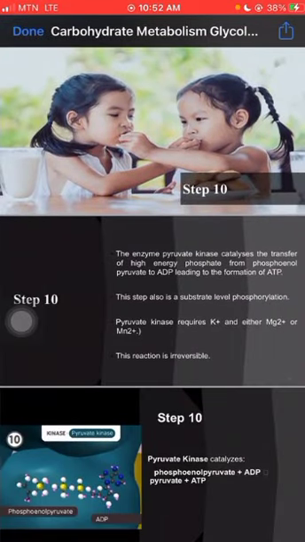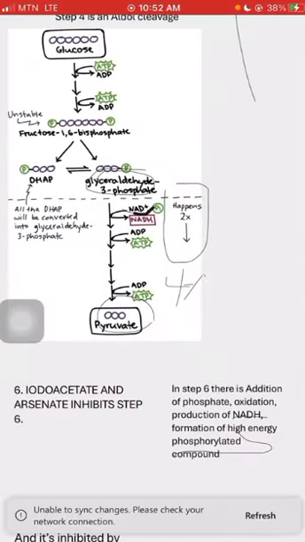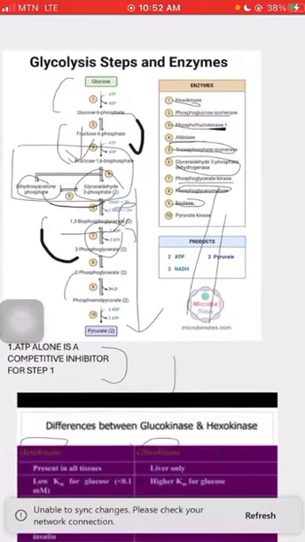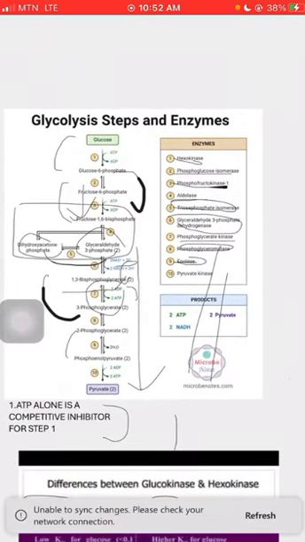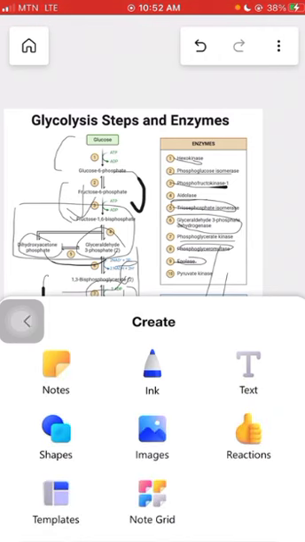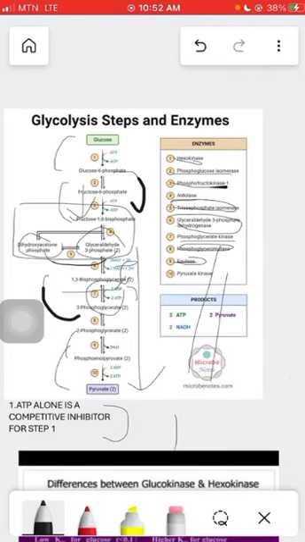In step 10, the phosphoenolpyruvate will be converted to pyruvate. As you can see in this picture, the phosphoenolpyruvate will be converted to pyruvate. And remember that everything is happening 2 times, so times 2. So we are getting 2 molecules of pyruvate. And in the conversion of phosphoenolpyruvate to pyruvate, we also produce ATP.